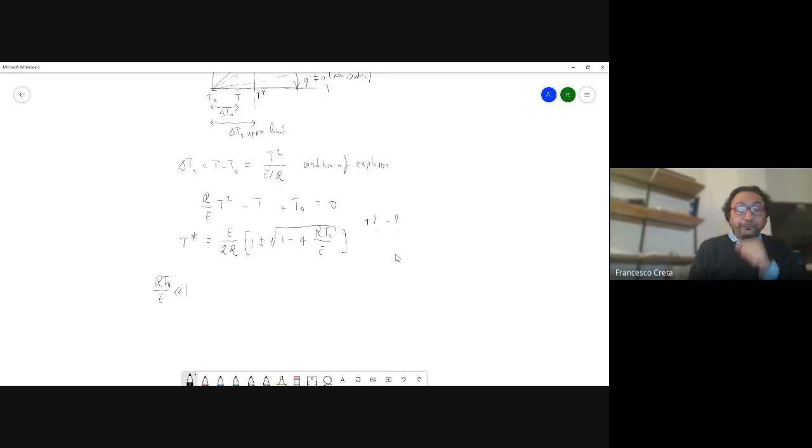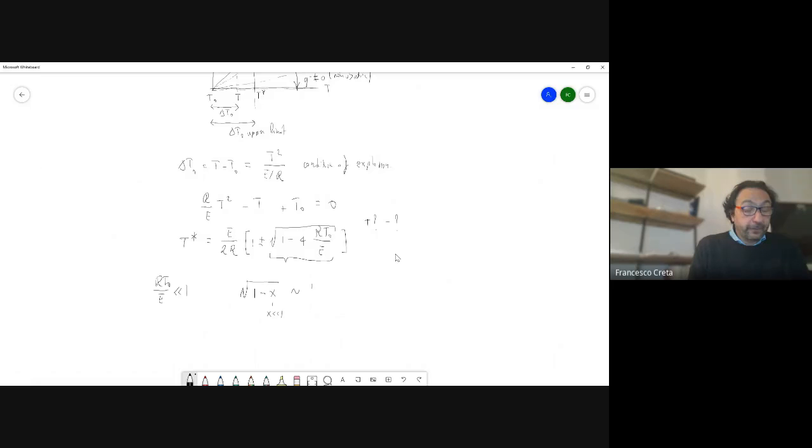So look at this term here. This is a square root of 1 minus, let's call this group here x, okay? And x is essentially a small number, okay? So what we can do is expand this in Taylor series around x equals 0.